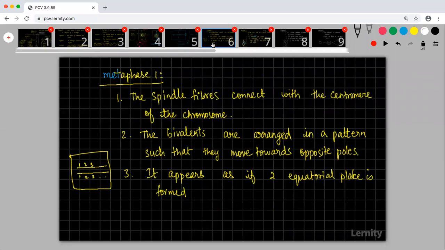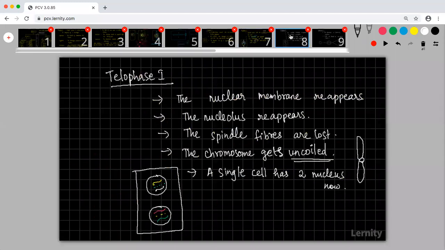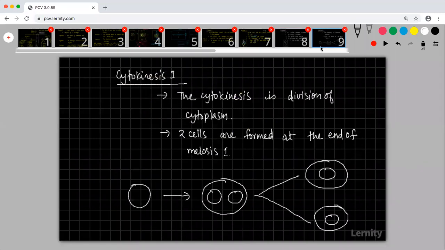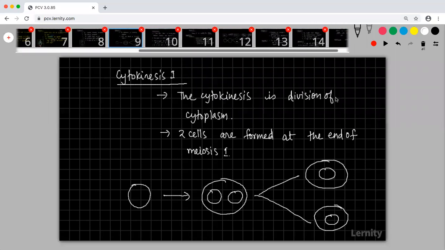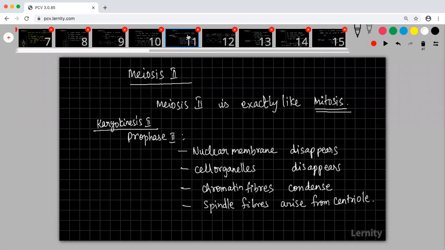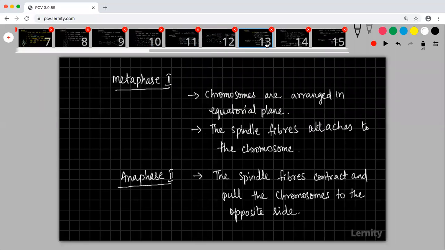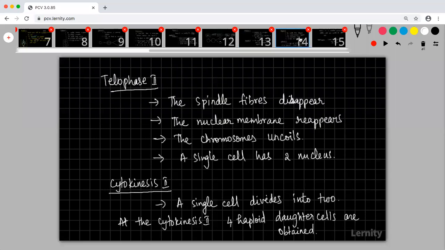Sixth slide. 7th slide, 8th slide, 9th slide, 10th slide, 11th slide, 12th slide, 13th slide, 14th slide, 15th slide.